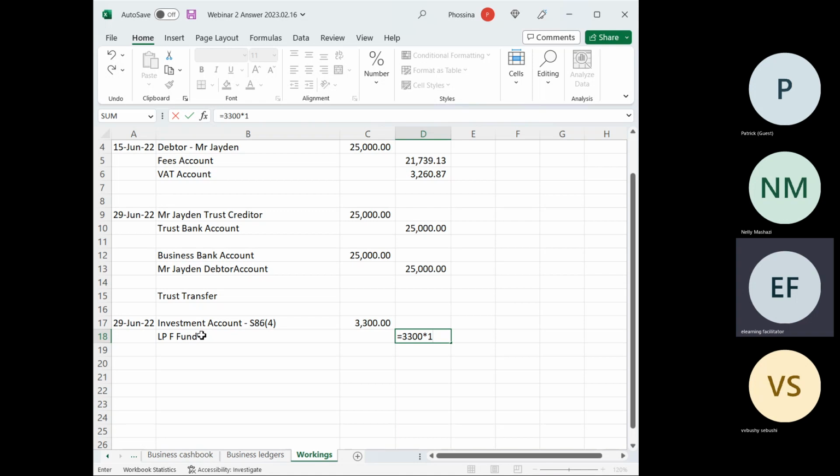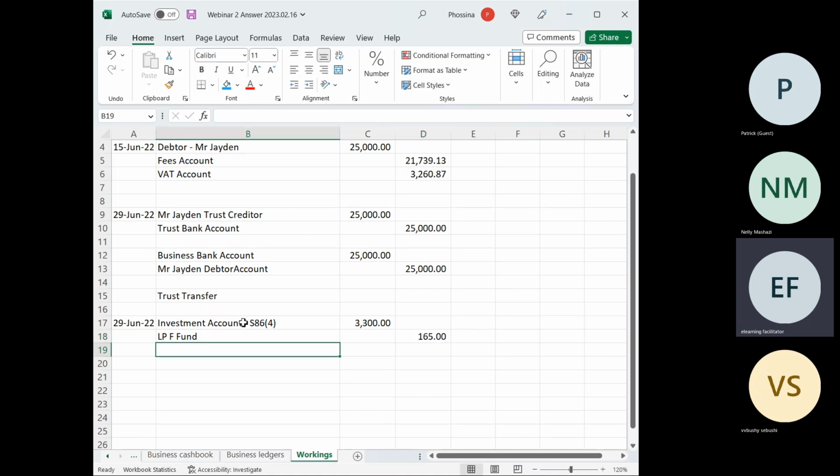We open a new ledger account for this particular transaction, because the fund wants us to account for each and every transaction separately. That's why they say you open one for each client. You do not open a lump sum account for various clients. And then the difference of the interest goes to the client.